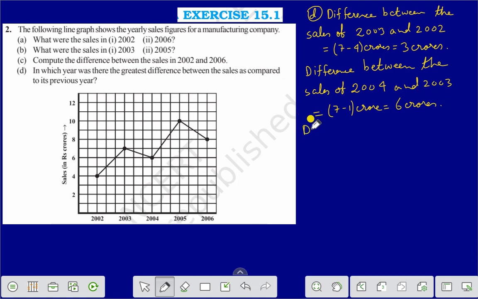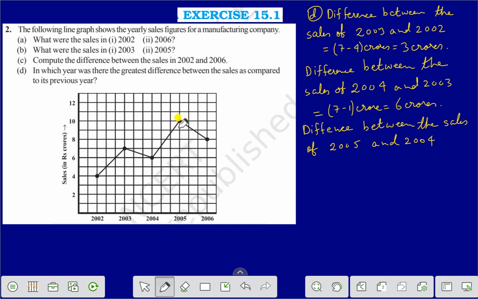Now the difference between the sales of 2005 and 2004.